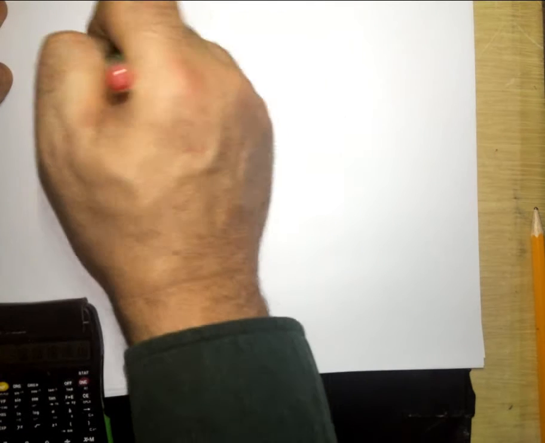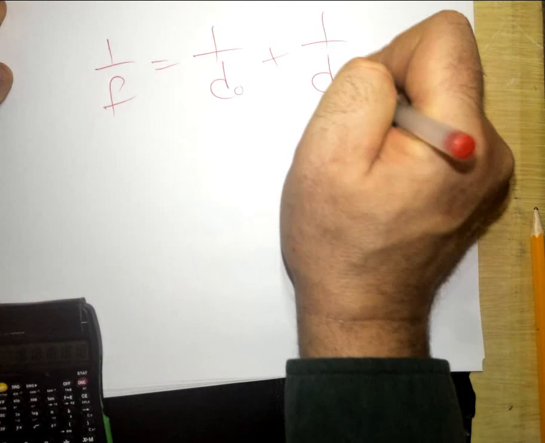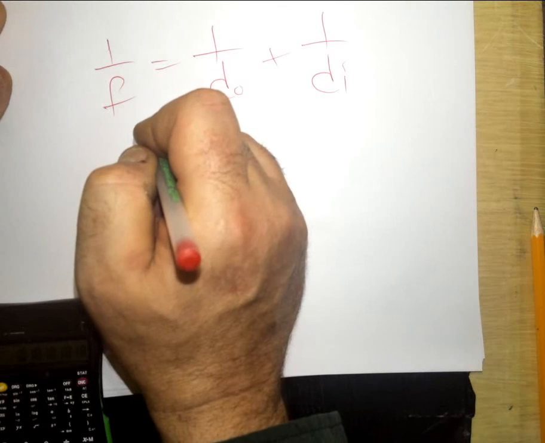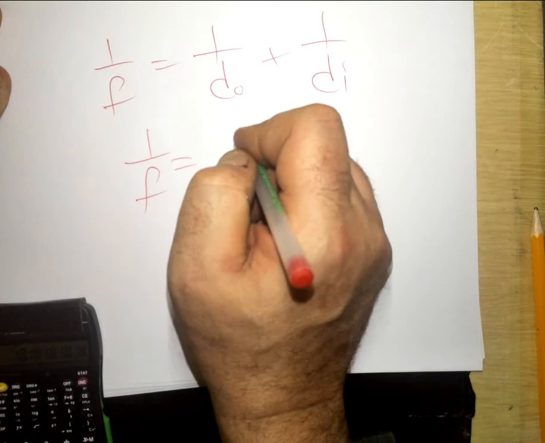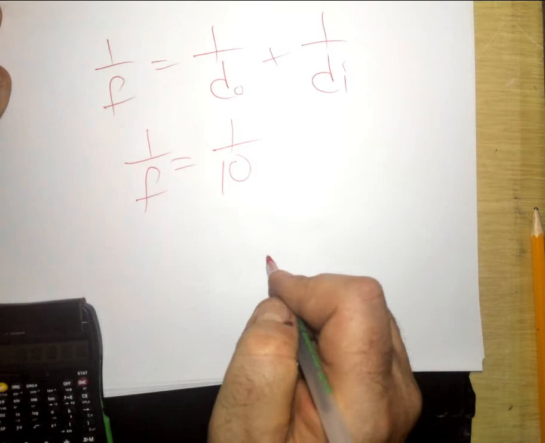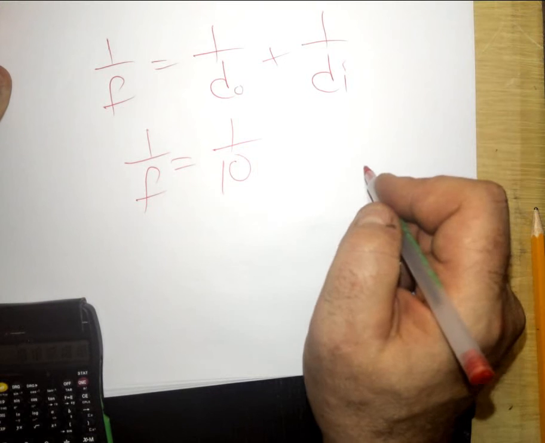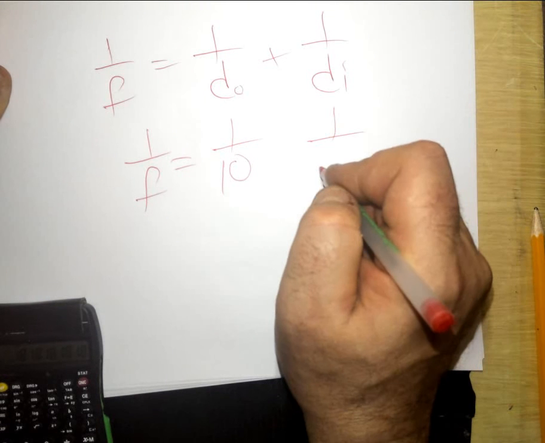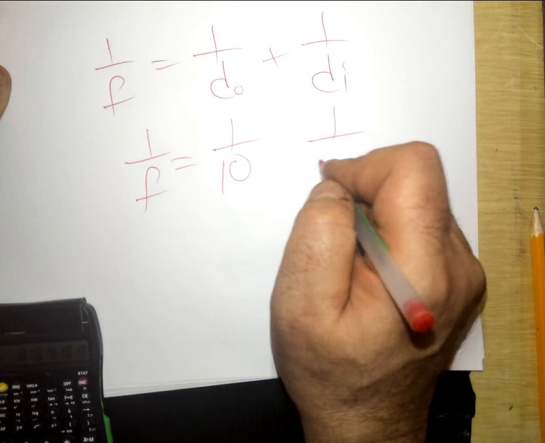Number 28. We are looking for the focal length, so the F stays a letter. The DO is 10. That's in front of the mirror, so it's positive. The image is going to be 2 centimeters, and that is going to have to be negative, behind the mirror.